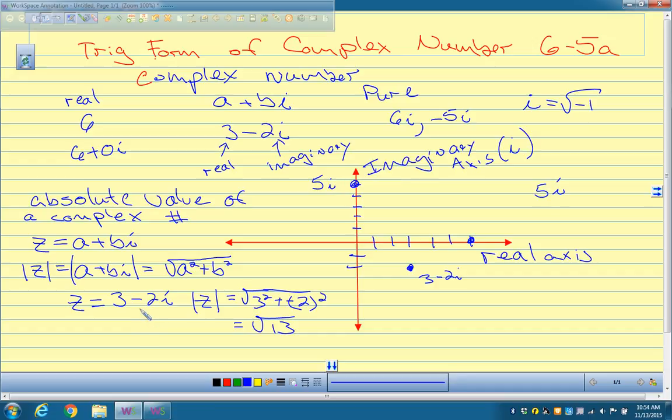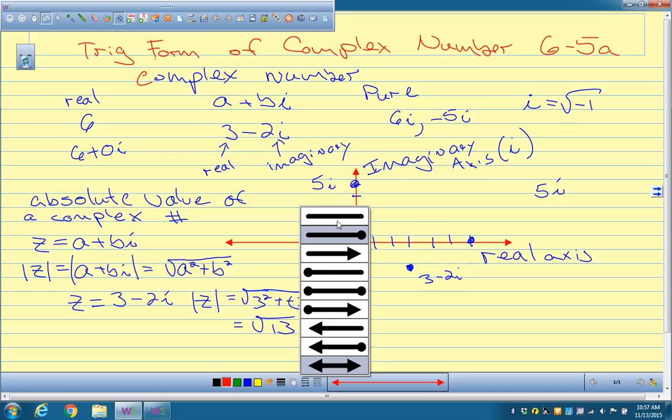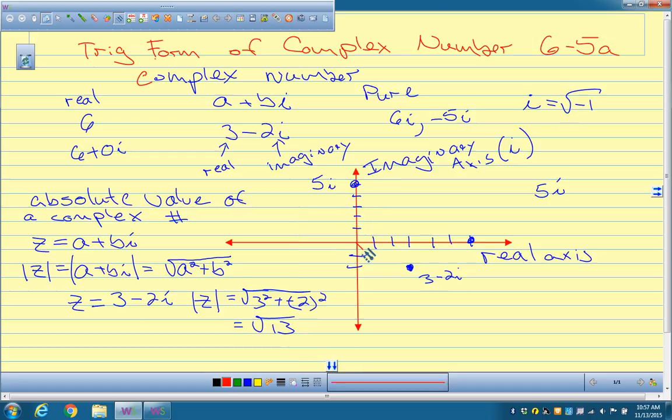Okay? And so, for instance, this point right here, 3 minus 2i, it's not a vector, it's just a straight connection going from here to here, okay? This thing is like a magnitude of square root of 13.